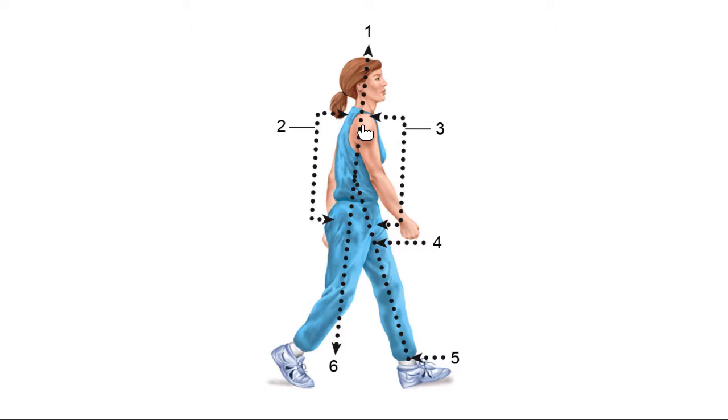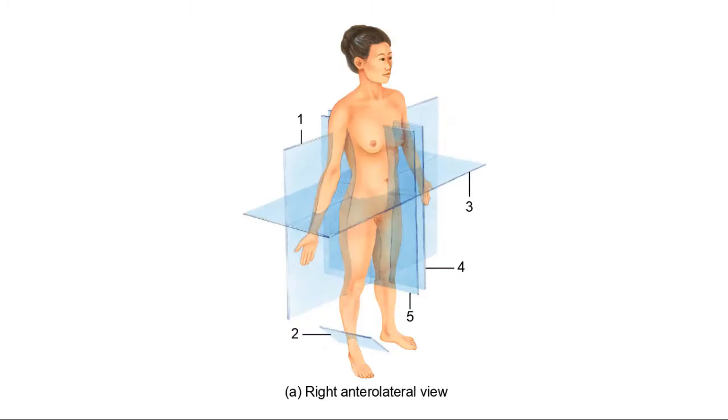About number 2 and number 3, number 2 is toward our front, and number 3 is toward our back. When we want to talk about toward the front, we use anterior, and toward back, we use posterior. So these are some of the terms which we use in anatomy. In this picture, you can see different planes of the body.